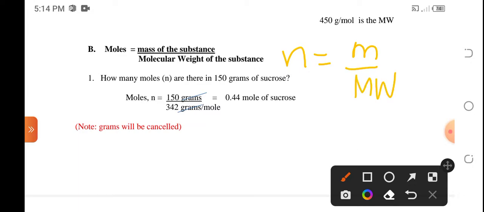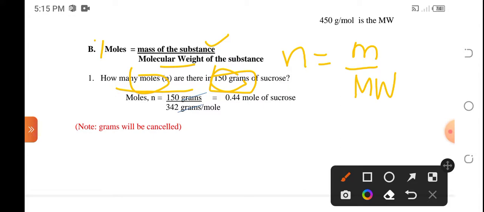Okay. So, first problem, how many moles are there in 150 grams of sucrose? Okay? 150 grams. So, ang data lang natin ay 150 grams. Tignan natin yung formula. We are looking for moles, so the formula of moles is mass over molecular weight.